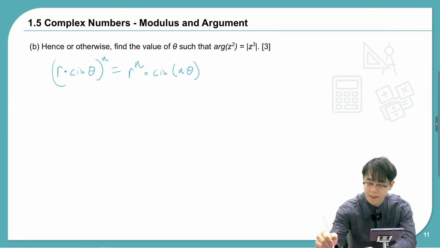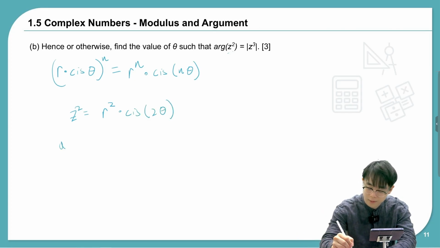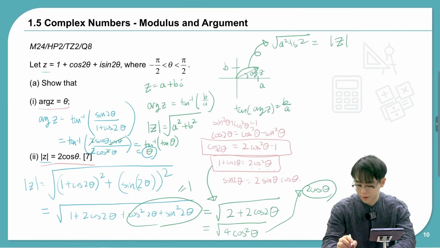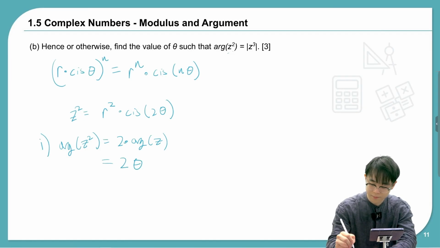Okay, so how that applies here is if you have z squared, that's just going to be the modulus squared times cis 2 theta. So the argument of z squared is simply going to be 2 times the argument of z from earlier. The argument of z was theta, so this is just going to be 2 theta. So that's part 1.